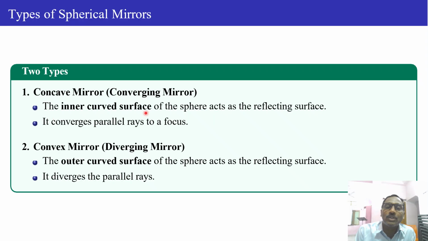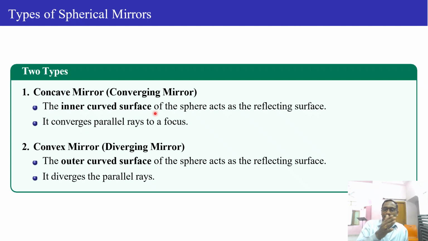If you have a sphere and you cut it, you will get two parts, a smaller part and a bigger part. If you cut it along the diameter, you get two halves.